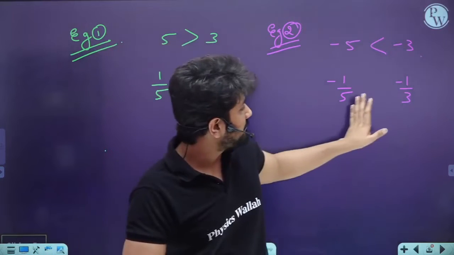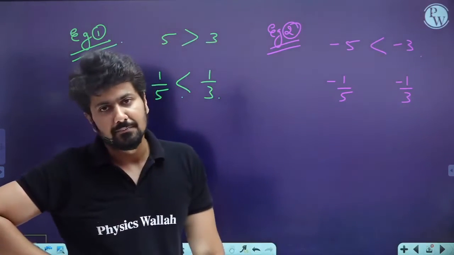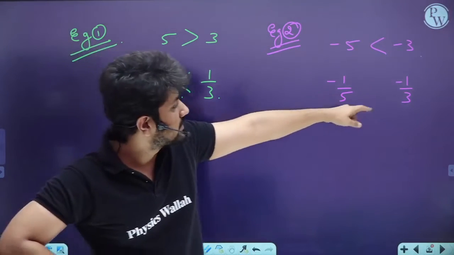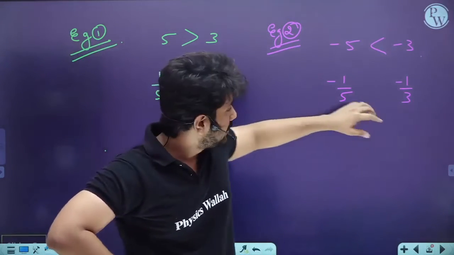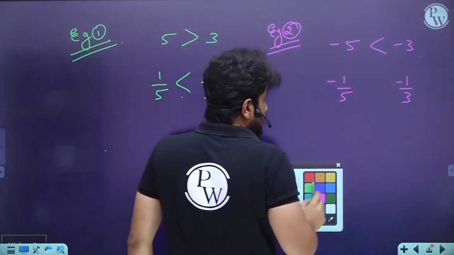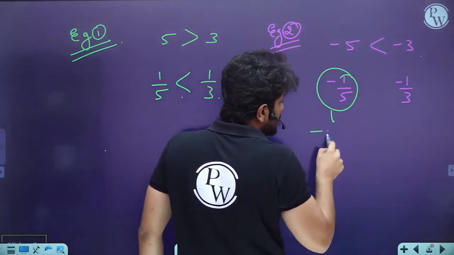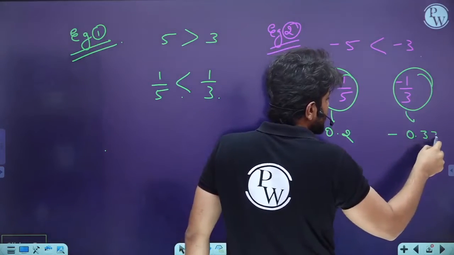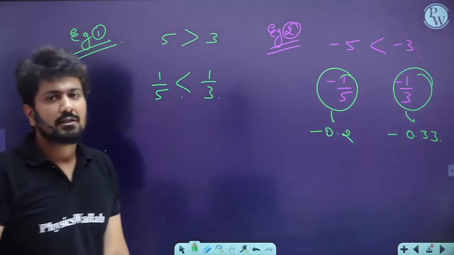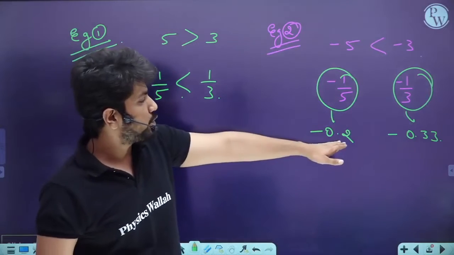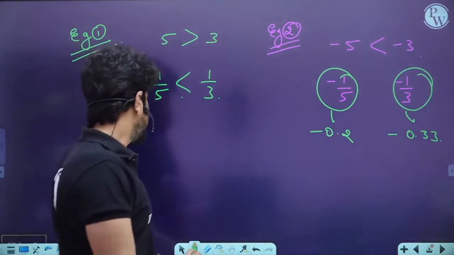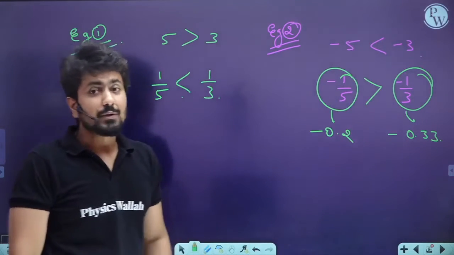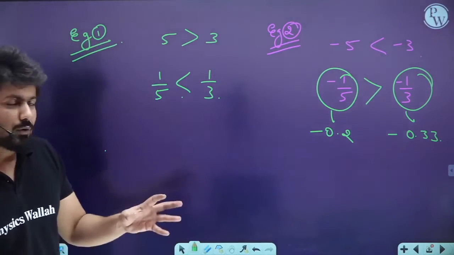Is -1 by 5 greater or -1 by 3 greater? -1 by 5 is -0.2, and -1 by 3 is -0.33. Of course, -0.2 is greater than -0.33. So yes, the inequality changes.